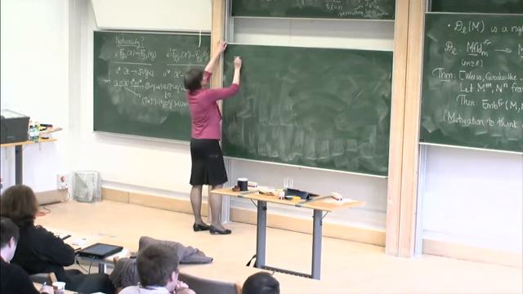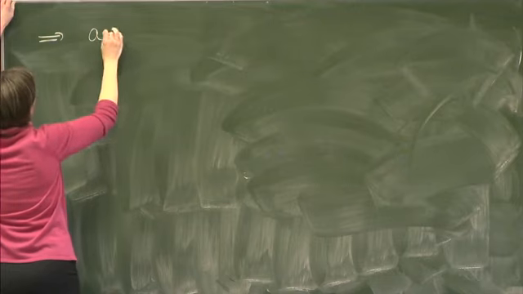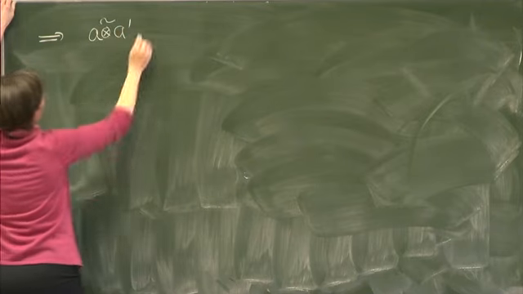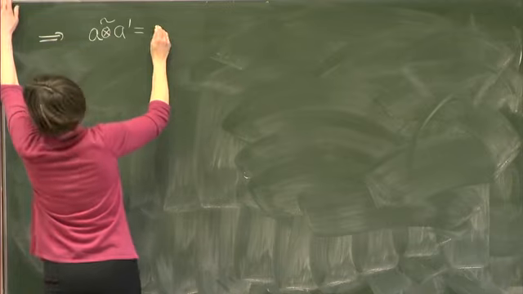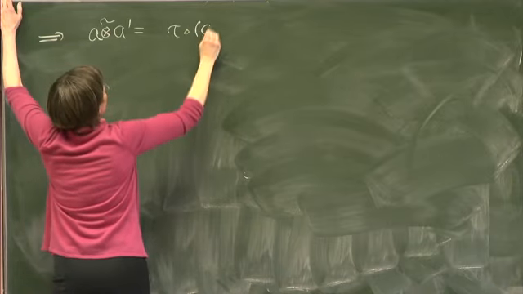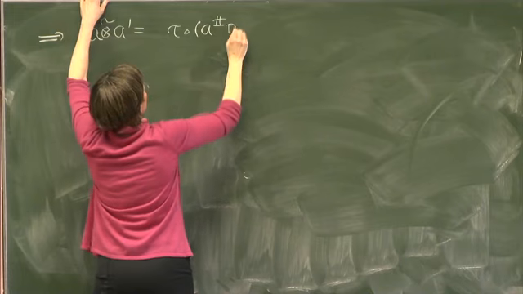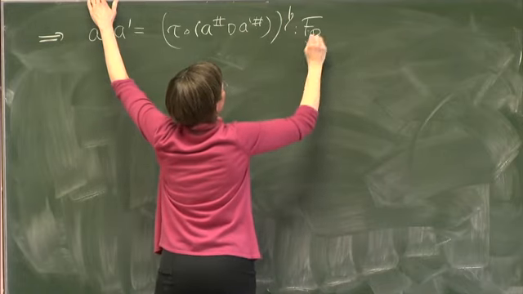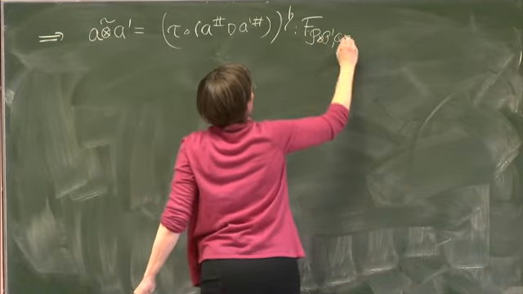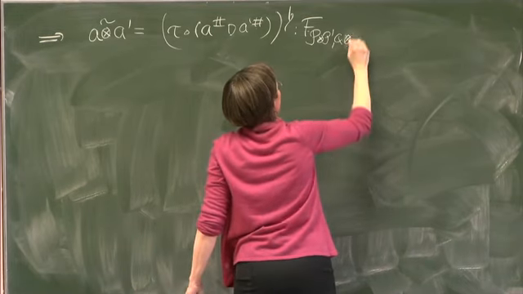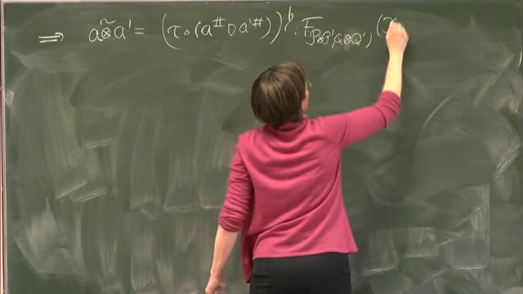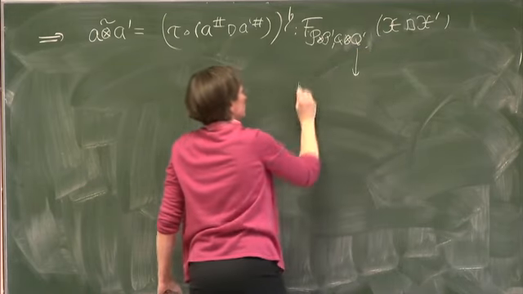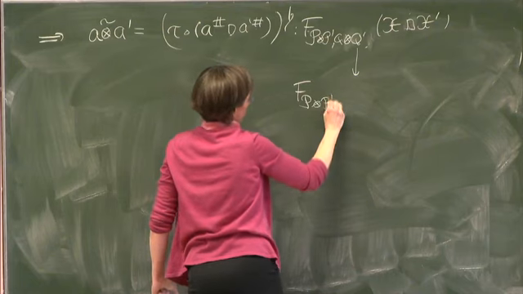And now, this is going to give us the thing we'll call A tensor tilde A prime, given by taking this composite and then adjointing it back, from the free thing on X box X prime to the free thing on Y box Y prime.